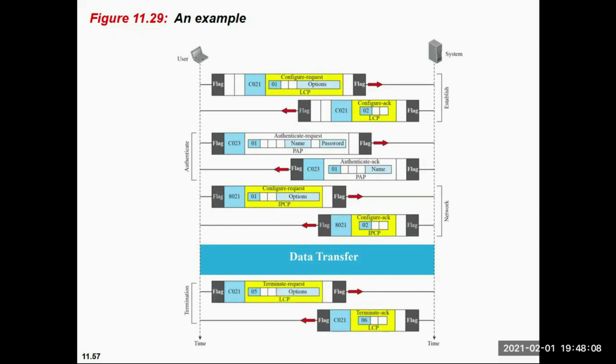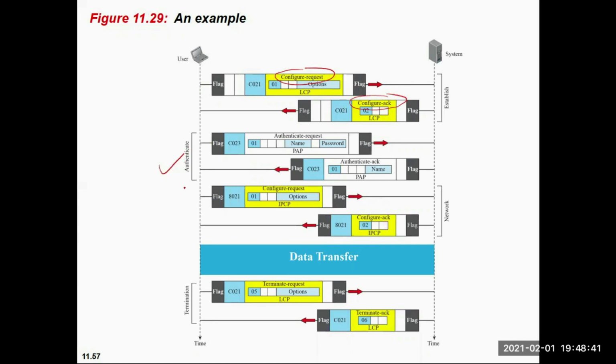For simplicity, we assume unidirectional movement of data from the user side to the system side, and we will take sending an email through an ISP. The first thing the user will do is send a configure request. The system will send a configure acknowledgement.